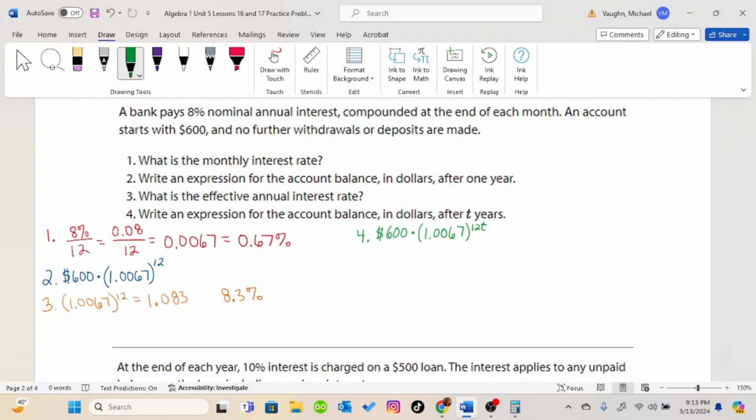So however many number of years, we'll need to multiply by 12 months, and then we'll take the 1.0067 to that exponent.